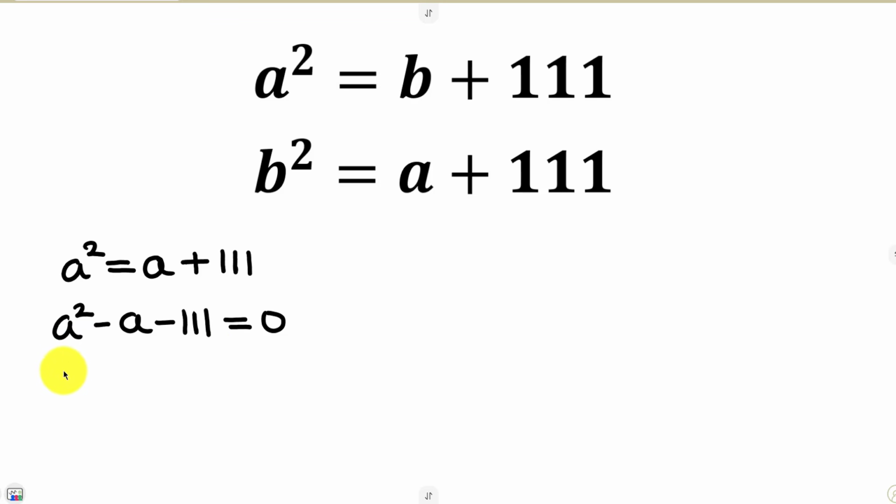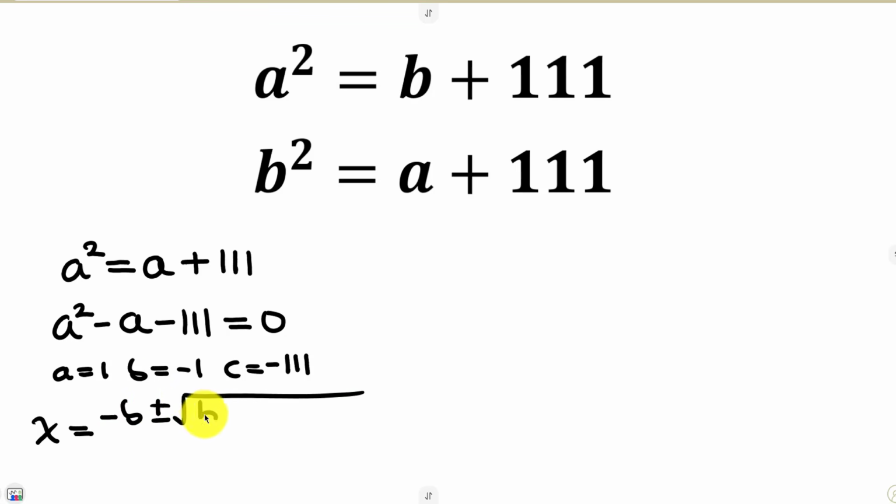Now from this quadratic equation, our a is 1, our b is negative 1, and our c is negative 111. We're going to be using the quadratic formula to solve. So the quadratic formula is x equal to negative b plus or minus the square root of b squared minus 4ac, all over 2a. Since we are looking for the values of a, in place of x, I'm going to be putting a there.